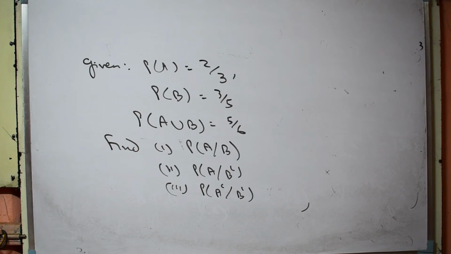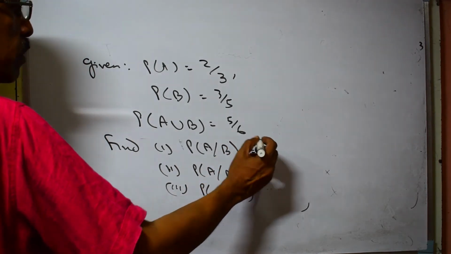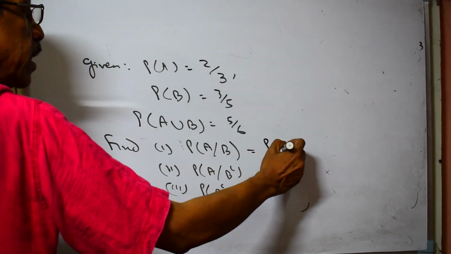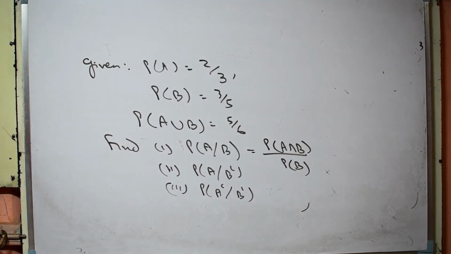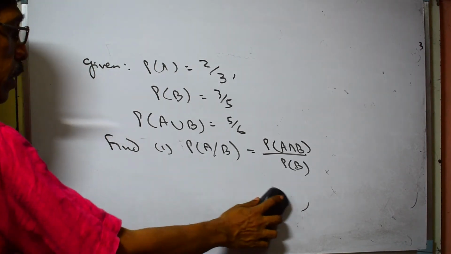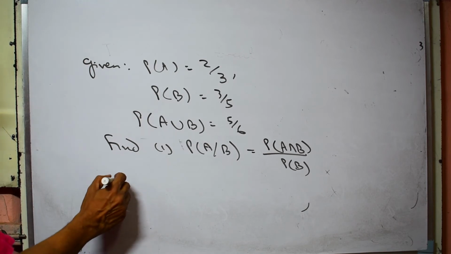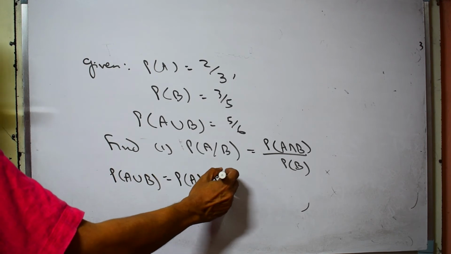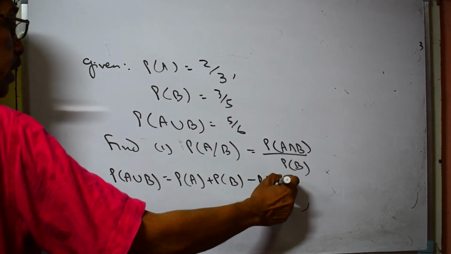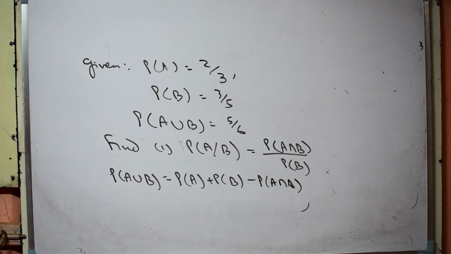In order to do the first question, we need A intersection B, because by the concept we just discussed, this will be P(A intersection B) divided by PB. We don't have P(A intersection B) in the question, but we have A union B. So we can use the concept of A intersection B taken from A union B. The formula is P(A union B) is PA plus PB minus P(A intersection B). This is the formula generally we know.